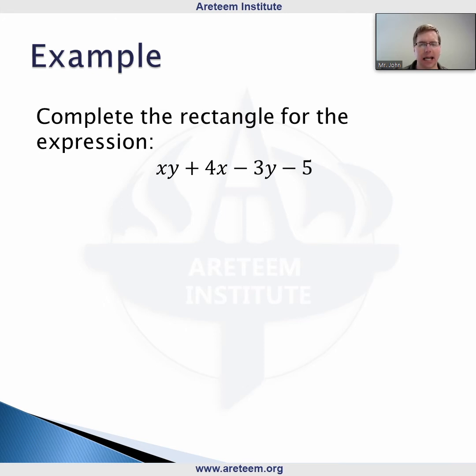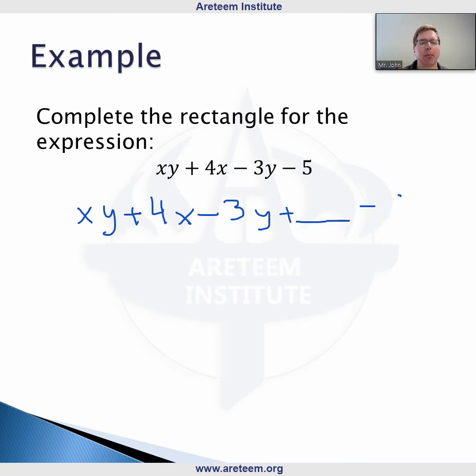So I want to write it out in a similar way. We don't have an equation here, but I still want to think about this as xy plus 4x minus 3y, and then a plus blank or a minus blank there.